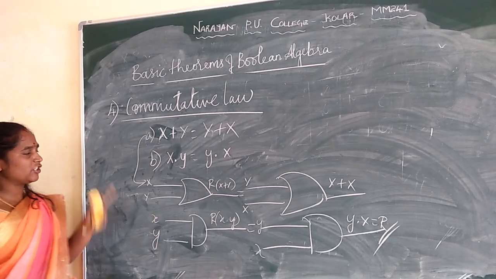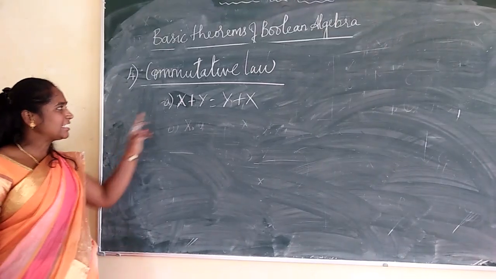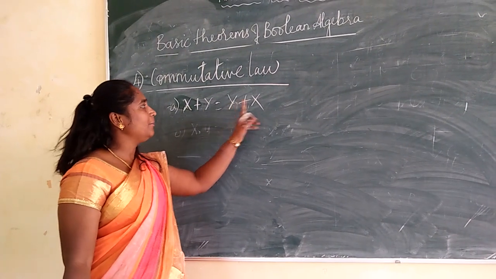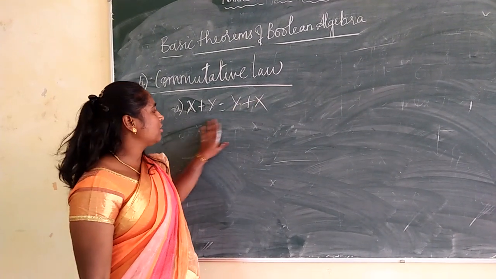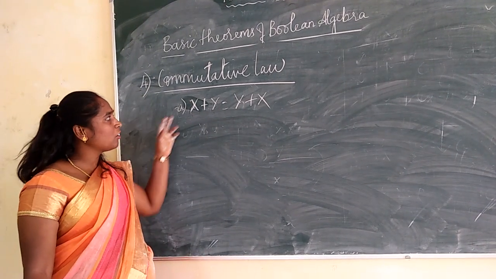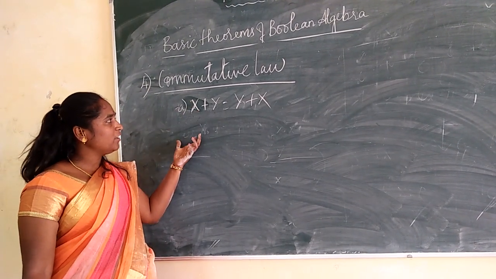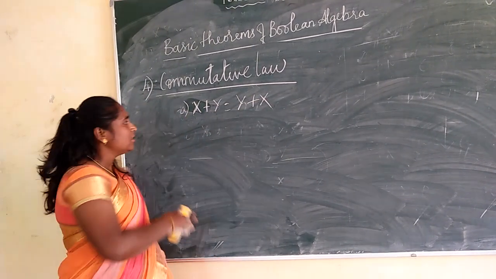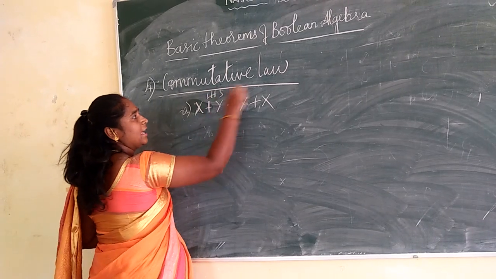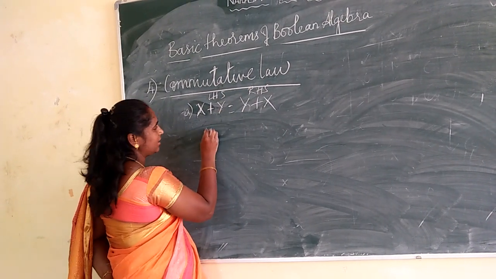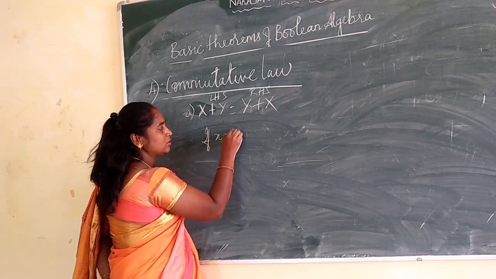So first we will see the first condition. You have to prove that x plus y, your LHS, is equal to y plus x, your RHS. You are going to substitute the values 0 and 1 for x and y, and prove that x plus y is equal to y plus x. First we consider x equal to 0.